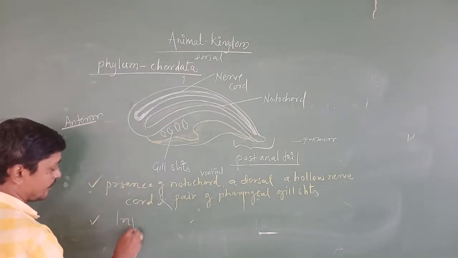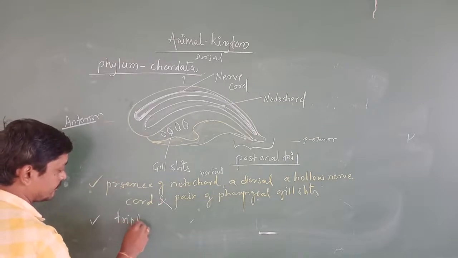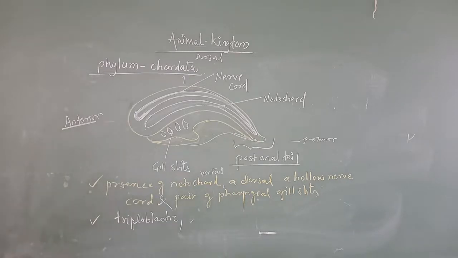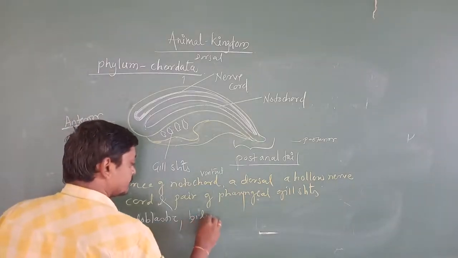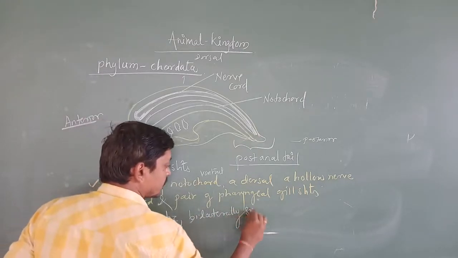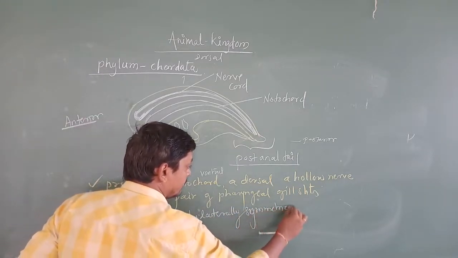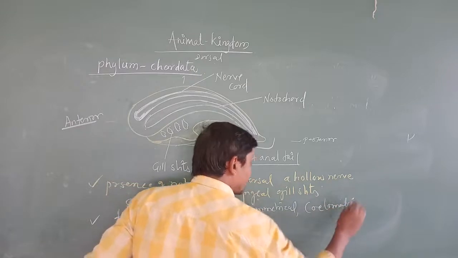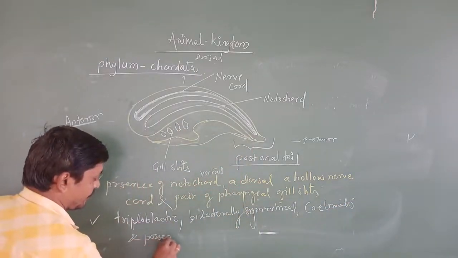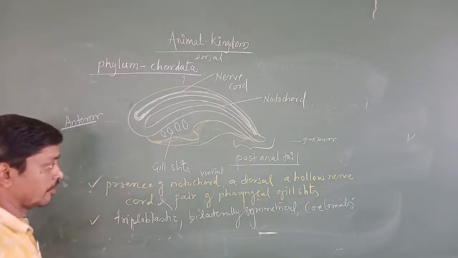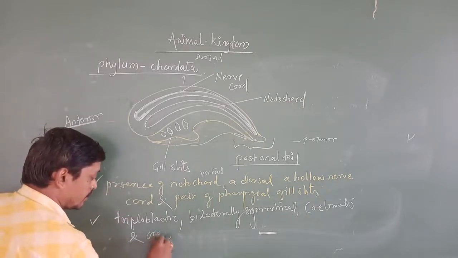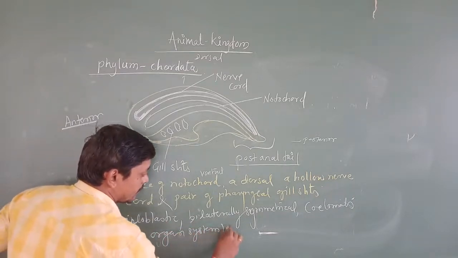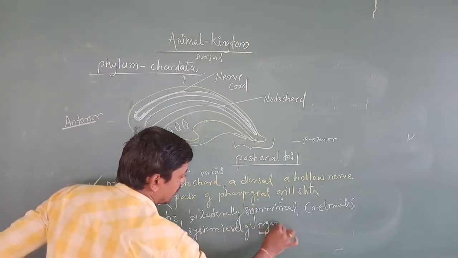Next one is: these are triploblastic, bilaterally symmetrical, coelomates, and consist of organ system level of organization.